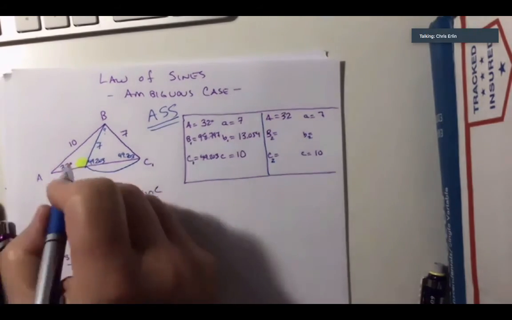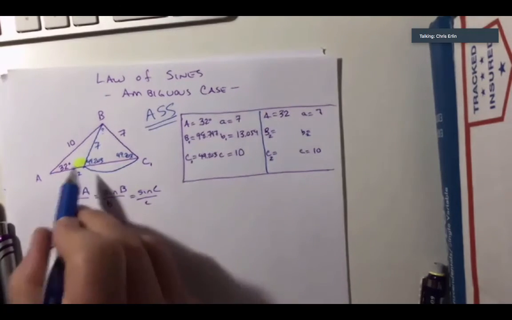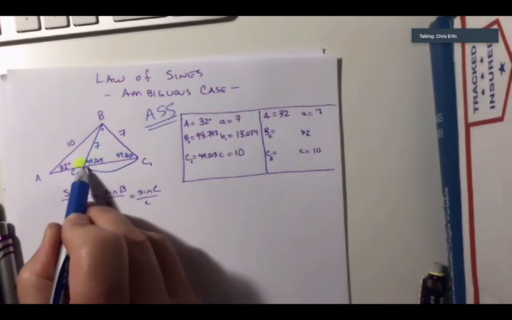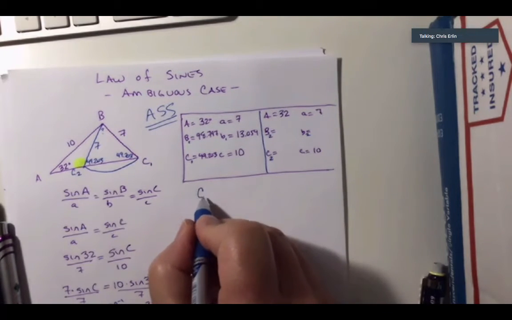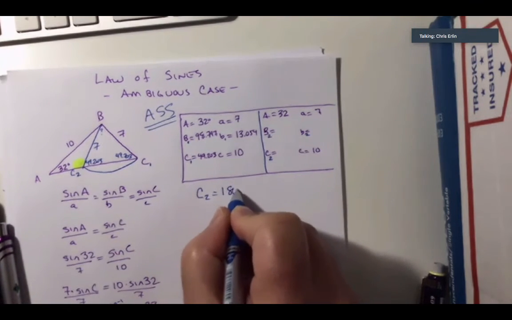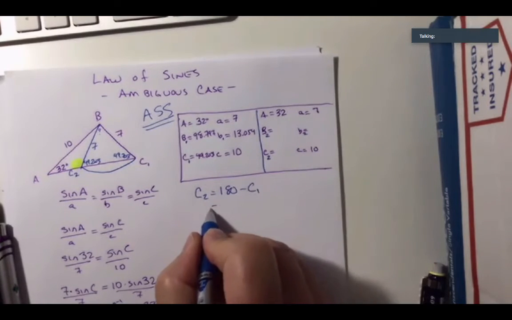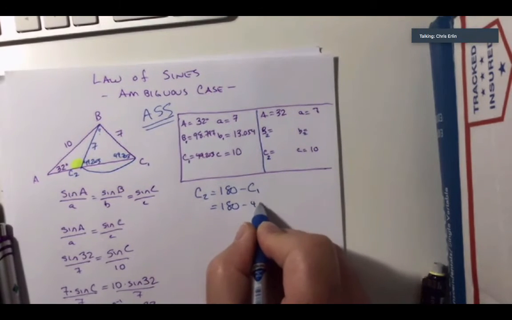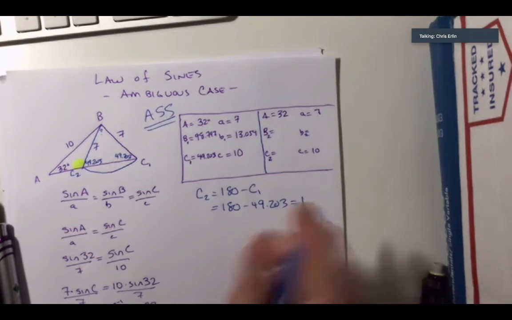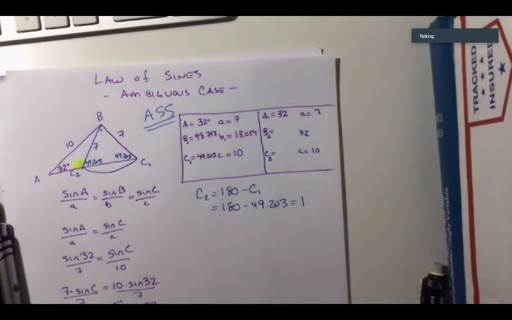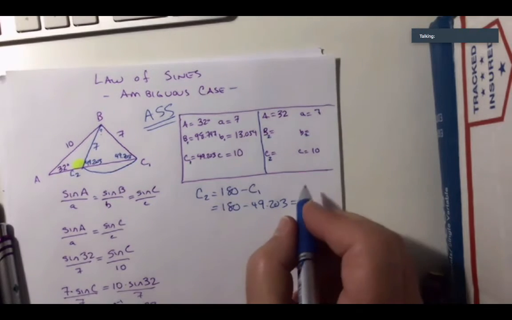So in this triangle now, what do we know about this angle? We're going to call it effectively C2. And it is the supplement of what we had previously as C1. So C2 is equal to 180 minus C1, which would be 180 minus 49.203, which is equal to 130.797.